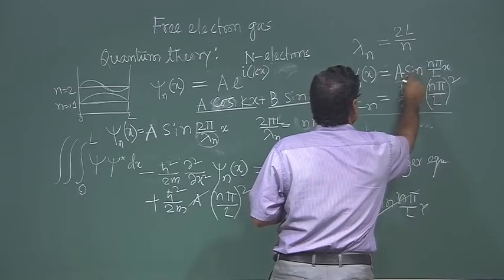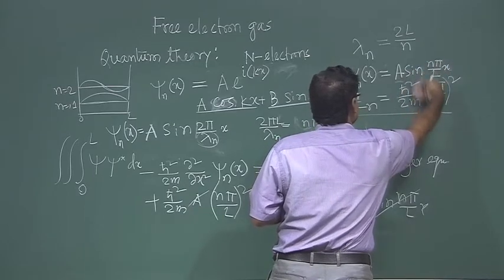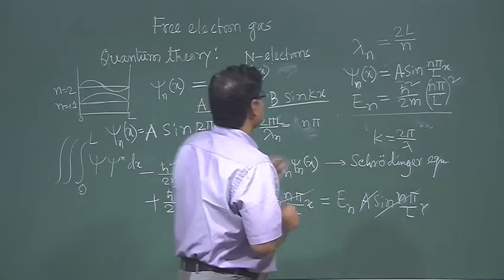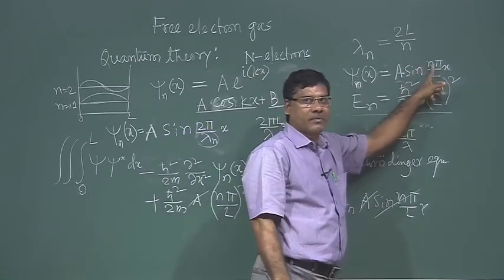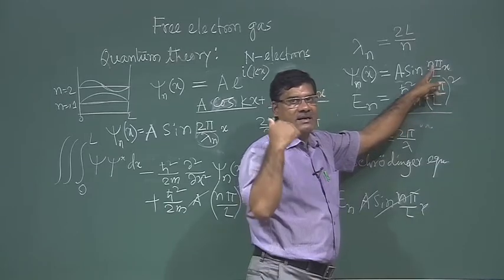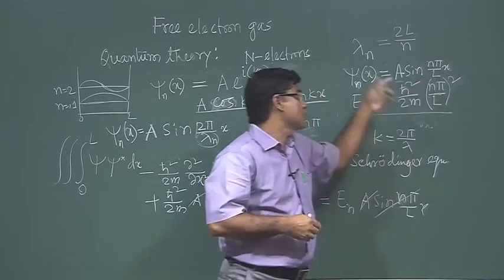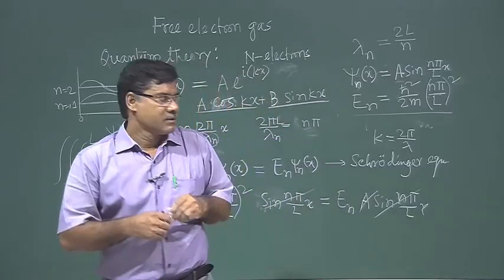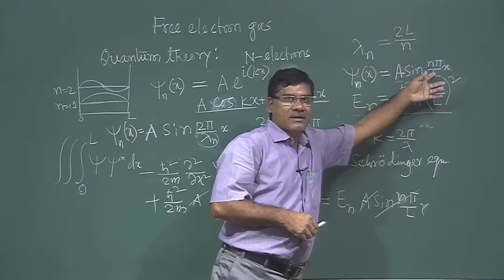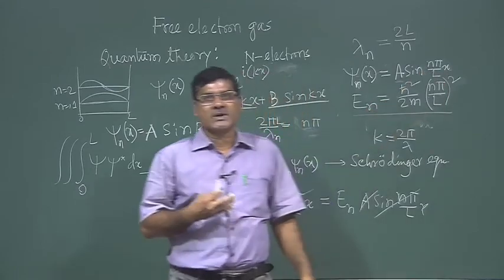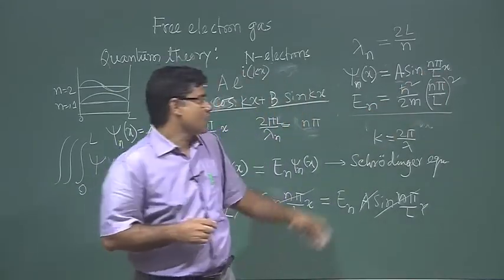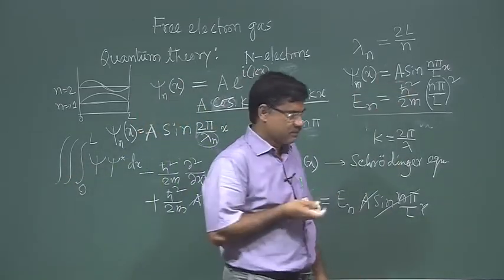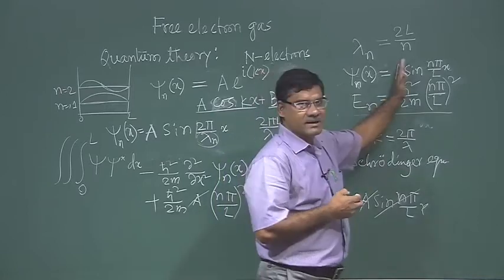It will be sin square, and sin square theta equals 1 minus cos 2 theta, with a half. Because of periodicity, the cos 2 theta term will be 0 and 1 will remain.